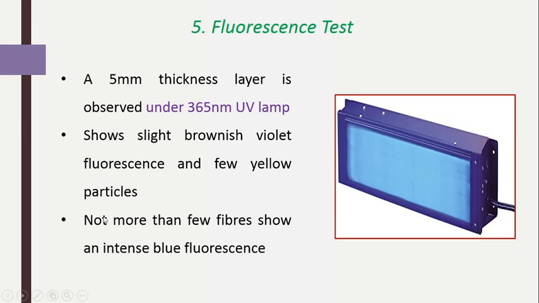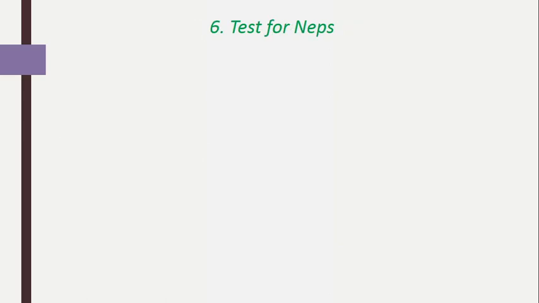So by using this fluorescence test, this observation will be made. Here the 365 nanometer wavelength UV lamp is used to evaluate the absorbent cotton for fluorescence. Let's move to the next test.